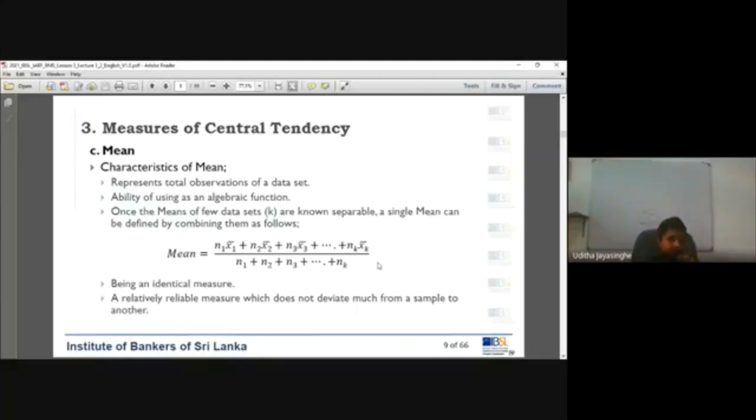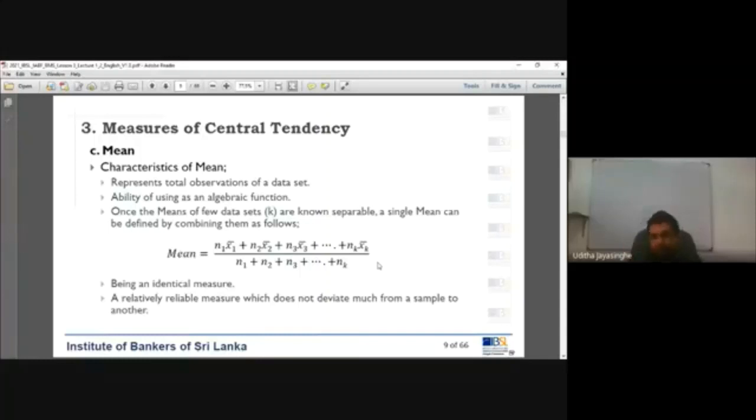But instead, if you use mean, mean is a carefully crafted identifier or representative. So when you use a particular value as a representer, it has to have the characteristics to express all the values in the data set. That's why we use mean fearlessly in algebraic functions at any instance.